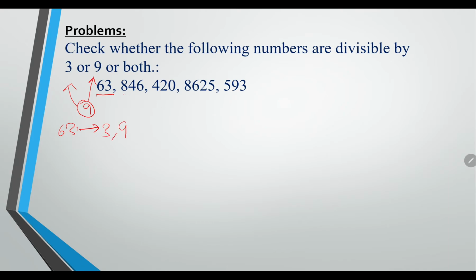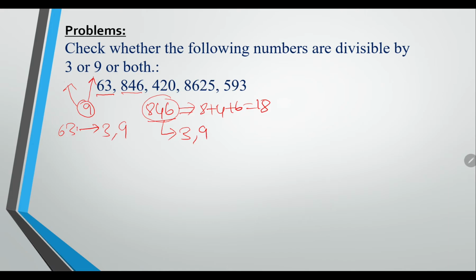Next, we consider the number 846. Now we will find the sum of its digits, that is 8 plus 4 plus 6 is equal to 18, which is divisible by 3 as well as 9. So therefore this whole number is divisible by 3 and 9.